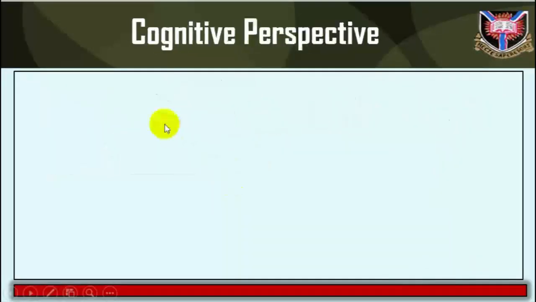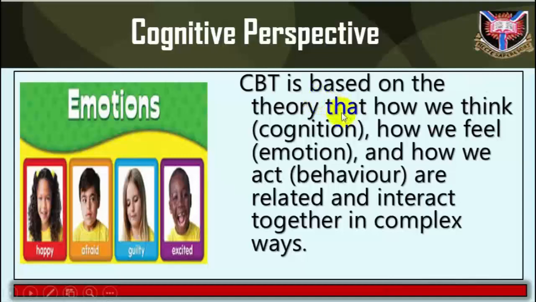CBT is based on the theory that how we think (cognition), how we feel (emotion), and how we act (behavior) are related and interact together in complex ways.